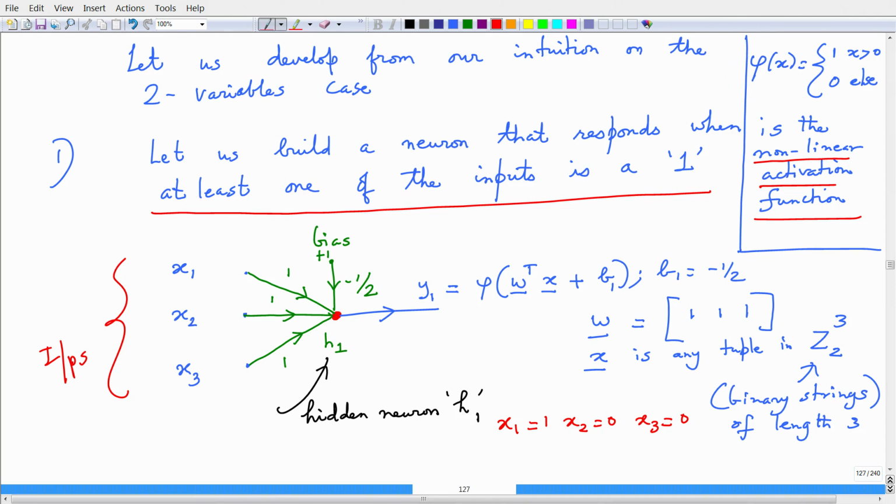So, 1 minus half gives me something positive which is plus half, and then the activation function will give an output 1. So, you can clearly see that y1 as a function of this tuple 1 1 0 gives me the value 1, right, and you can verify for the other cases.